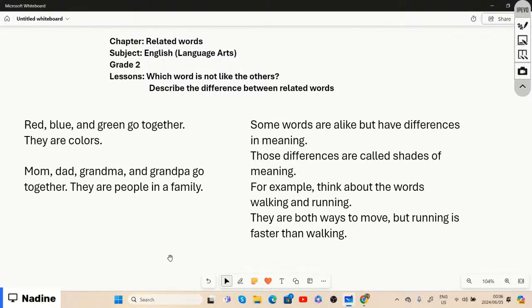All right, so when it comes to related words, related words are words that are alike, but they have some form of differences in meaning, right? So those are related words.